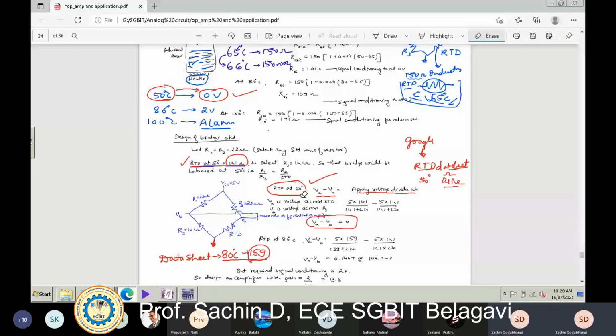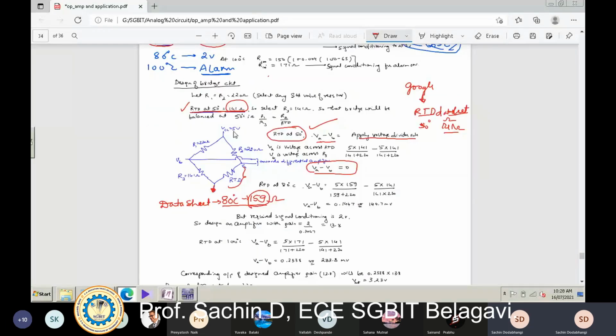Now check it for VA minus VB. VA means voltage across RTD. The supply voltage is 5 volt, so VA is 5 into the resistance of RTD at 80 degrees centigrade, 159 ohm, so 5 into 159 divided by 159 plus 220, minus VB.